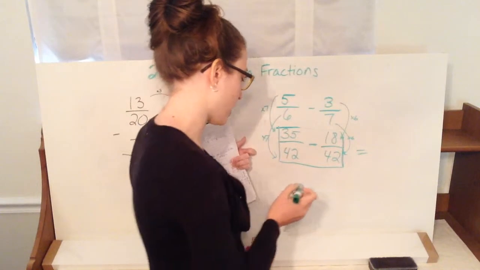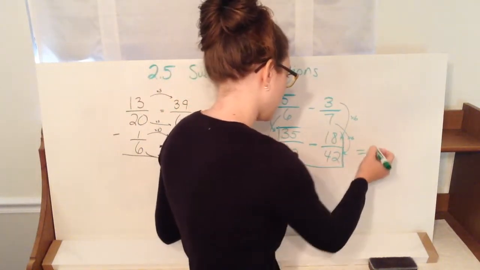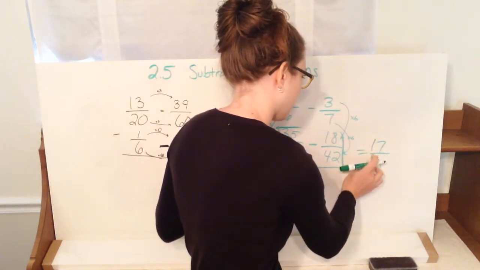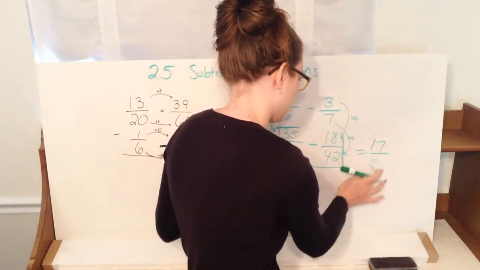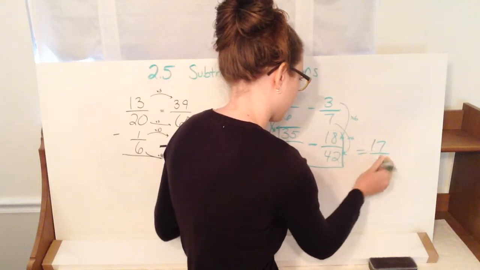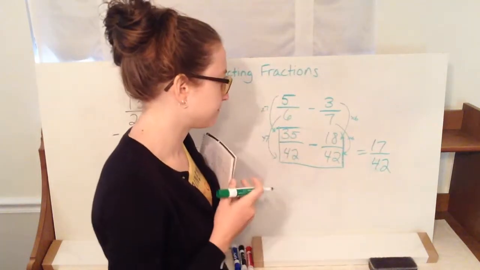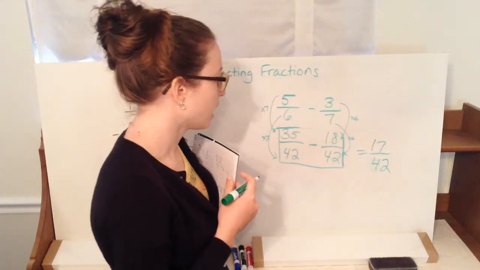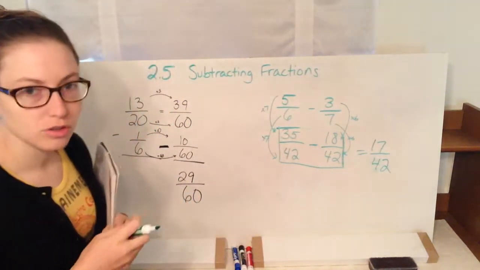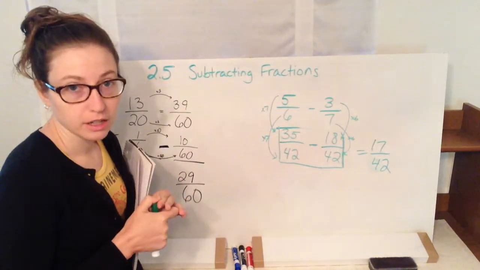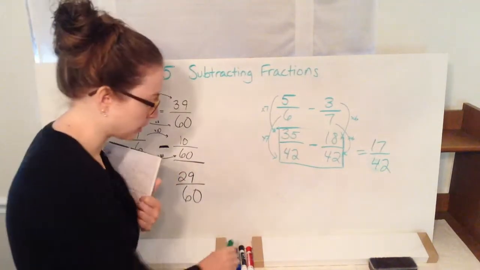And when we do that subtraction, we get 17/42. If you're getting anything other than these, or if you're not sure where I'm getting any of this work from, make a note in your notes so we can talk about it during class, please.